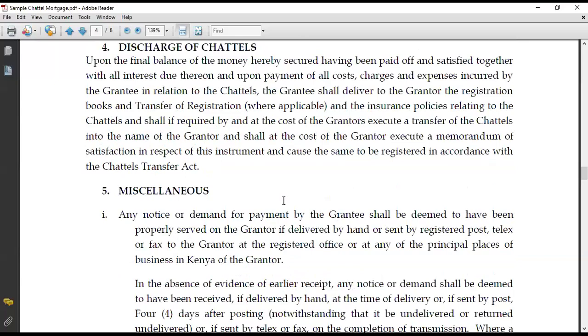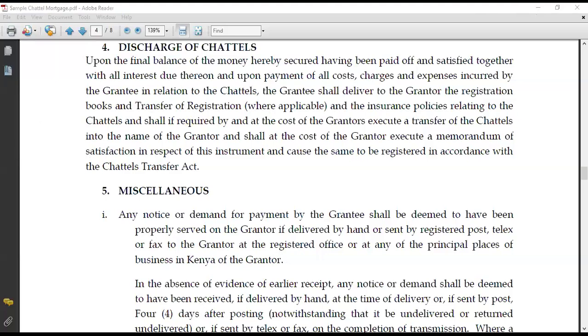I think on my reading, it's not different from what is written here. The grantee signs the discharge. It's very, very important. We look at that.